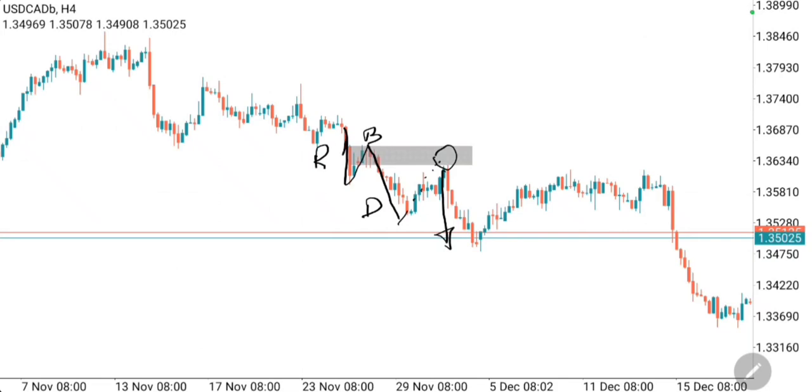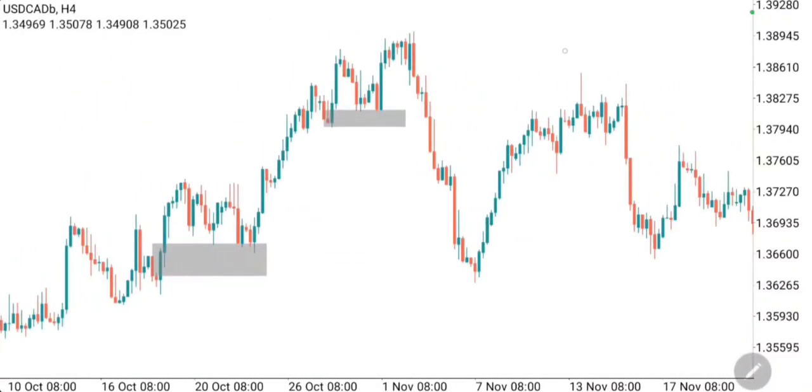Let's look at another one here as well. The market rallied down, formed a base, rallied up, and gave us a zone to trade from, which worked out. Here as well, this is also a rally base rally zone, which was mitigated right here.